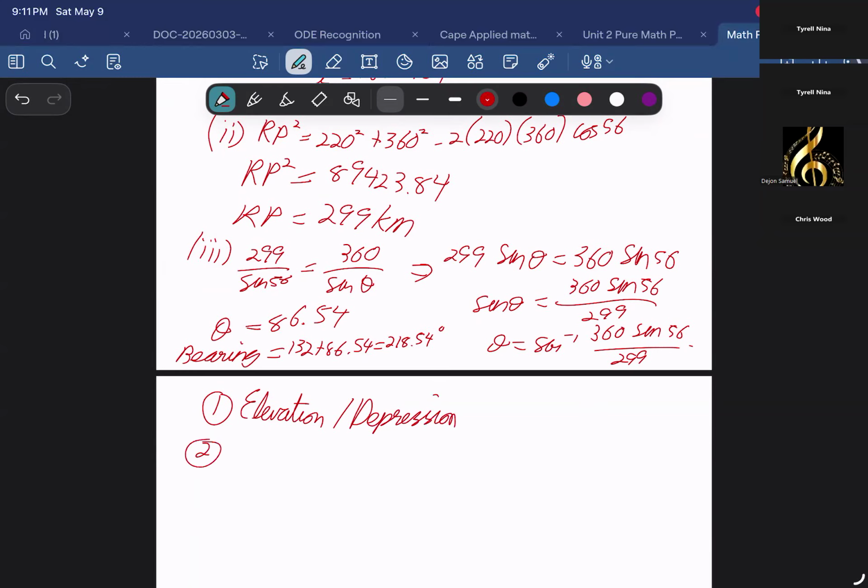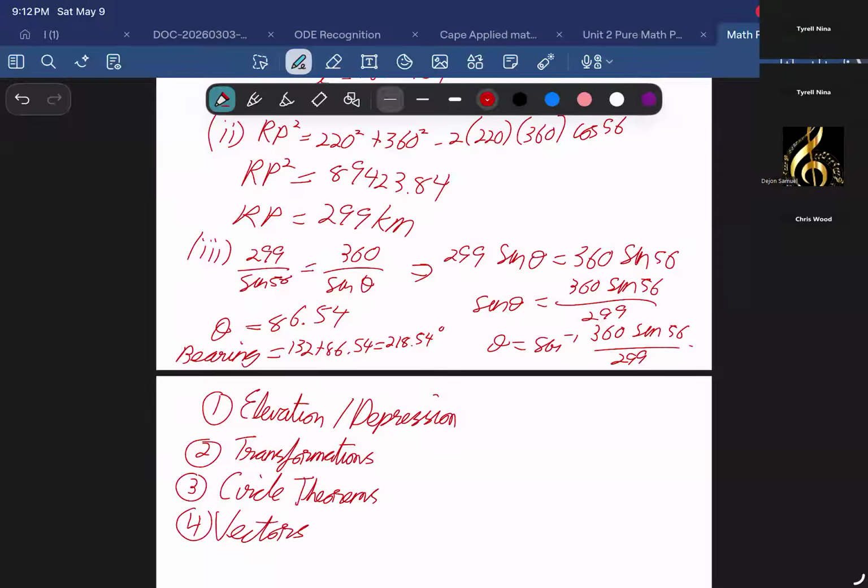Two, transformations. Three, circle theorems. And four, vectors. We'll try to hit all four.